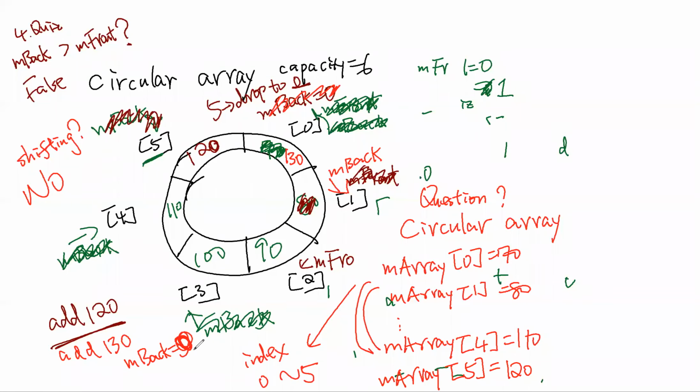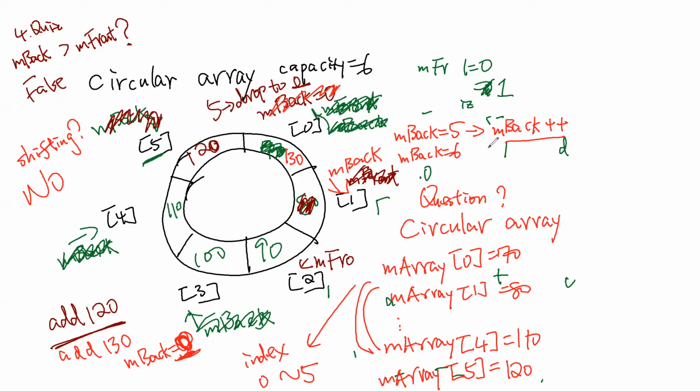How do we achieve this? Initially M back is 5. We are used to the concept of incrementing back by 1. If we increment back by 1, M back should be 6, but the array index cannot be 6.